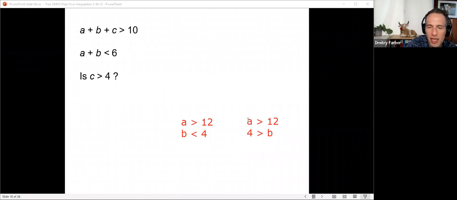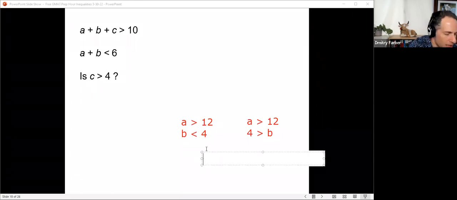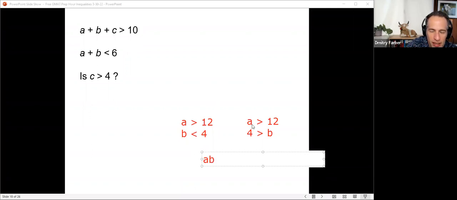So for instance, in this case, notice that what if I want to know something about AB, right? So I guess one thing I was getting at is that I can do this, but I'm getting something about A on one side and B on the other. But what if I want to know about AB? Well, what's the biggest that AB can get? If I know that A is more than 12, it seems like there is no limit to that.